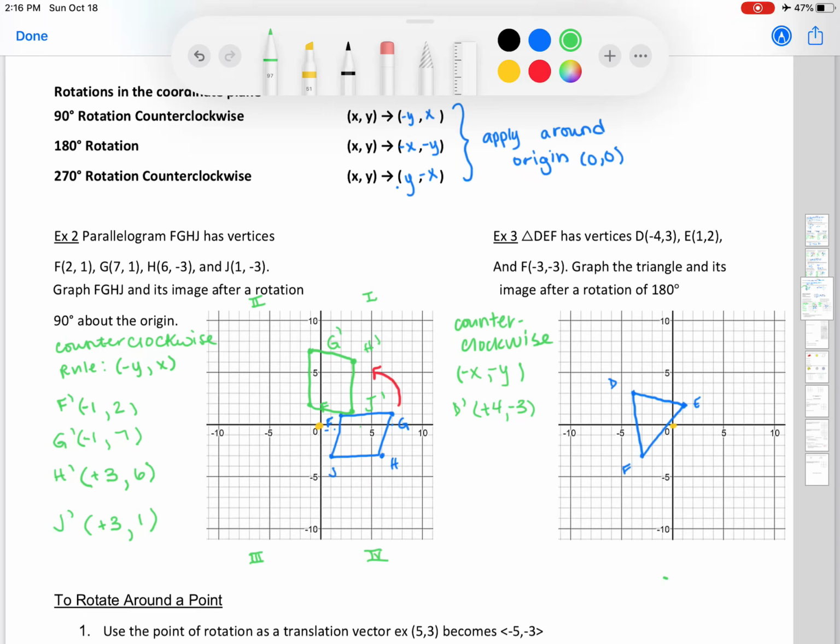Based on this rule, I need to switch both of these coordinates, so I should have a new point at 4, -3. So this is now D prime. My E prime, I get by looking at the E coordinate, which was 1, 2. And based on this rule, both signs on that need to flip. So my new E prime is going to be at -1, -2.